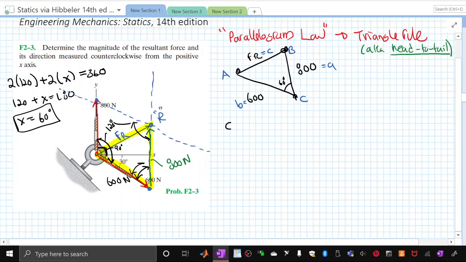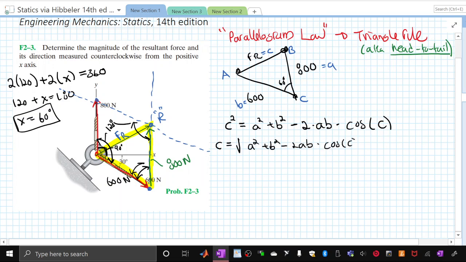So c squared is equal to, just like the Pythagorean theorem, a squared plus b squared minus, so you choose one side and the remaining two sides are a and b, minus 2 times the product of the remaining two sides times the cosine of the angle that is formed between the remaining two sides, or the angle that corresponds to this c. It's not B, sorry, it's C. Okay, so that means that c is equal to the square root of a squared plus b squared minus 2ab times the cosine of C.